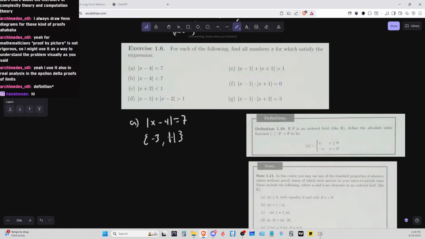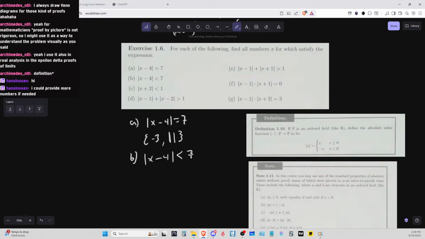Well, it says find the numbers that would satisfy the expression, so I guess we can write this as scratch work if we have to do a more proof version of it. So 4 minus x is less than 7. I'm just writing in set notation, so it's less cumbersome.